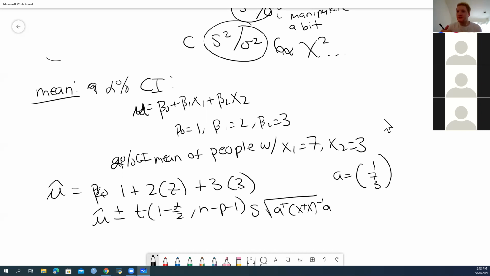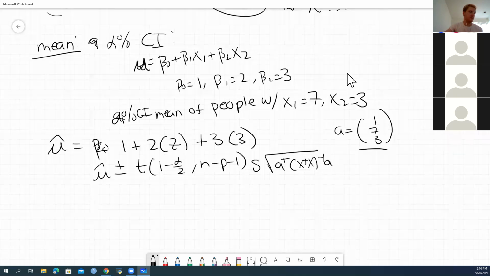A is a linear combination of the 3 variables you're using: 1 beta naught plus 7 beta 1 plus 3 beta 2. So you let A be this and you calculate this.